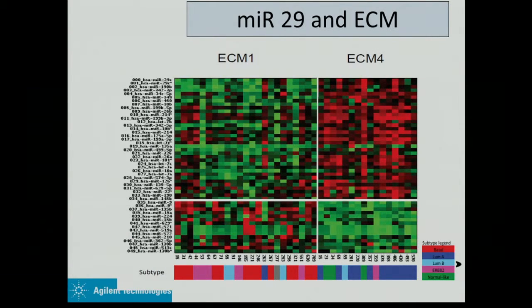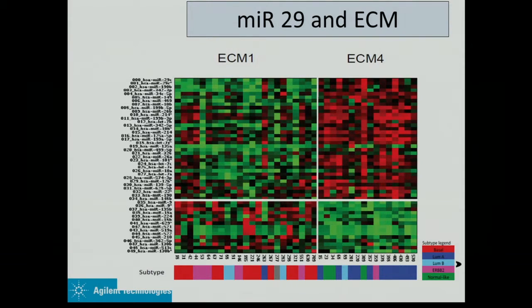Before going to joint analysis, of course, we also looked at differential expression for the microRNAs themselves. This is microRNA 29, and this is a phenotypic measurement that we do on the tumors, extracellular matrix density. Extracellular matrix density 1 means that the extracellular matrix is less dense in these patients, and this is 4, where the extracellular matrix is denser.